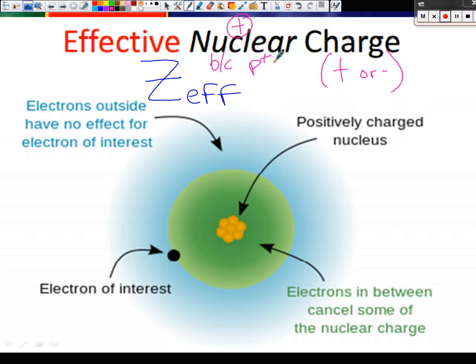And if you do a really good job, are you effective? So that's why it's effective. How effective is the nucleus in holding those electrons in? Now, what happens when you've got 20 of them out there and I send little Johnny out on the playground? Johnny's your problem child.